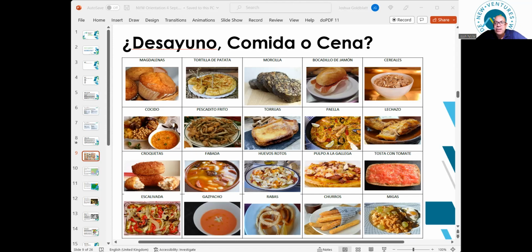What about the bocadillo de jamón? That's a cured ham sandwich. Comida, cena, desayuno. What do you think? Comida, desayuno, or cena, the bocadillo, or something else?